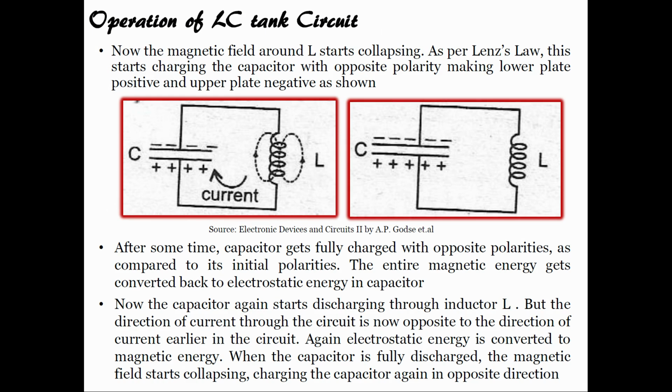The entire magnetic energy gets converted to electrostatic energy in the capacitor, and then the electrostatic energy, when it starts discharging, is converted to magnetic energy once again. This keeps on continuing.